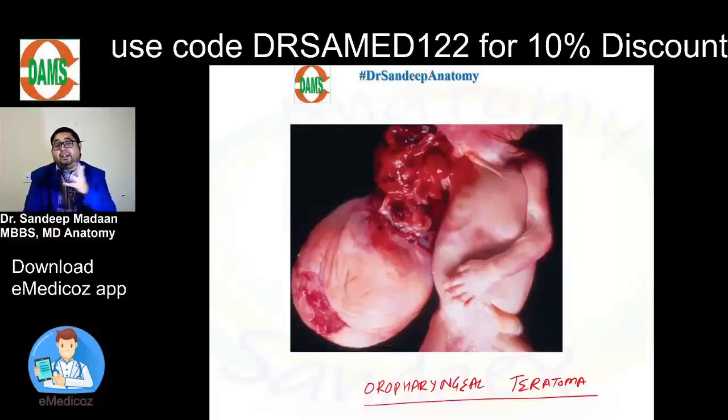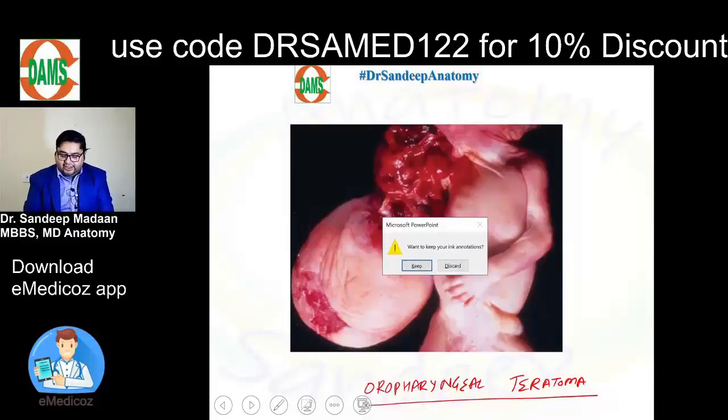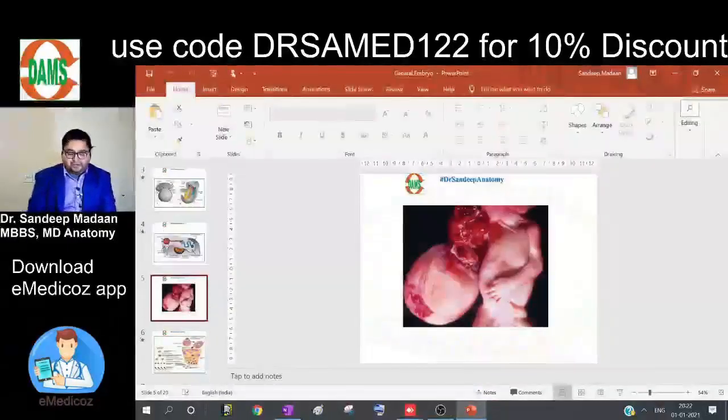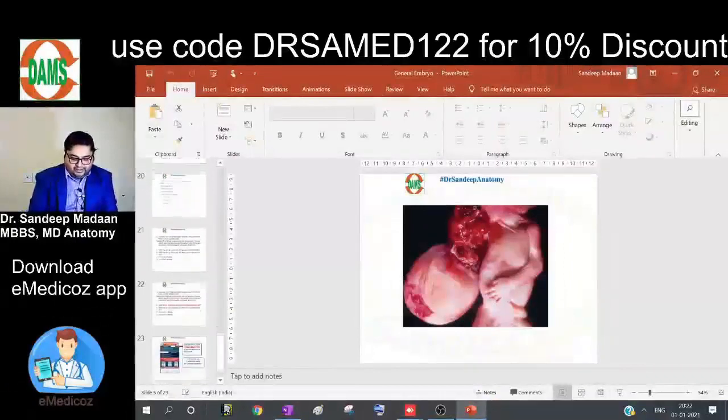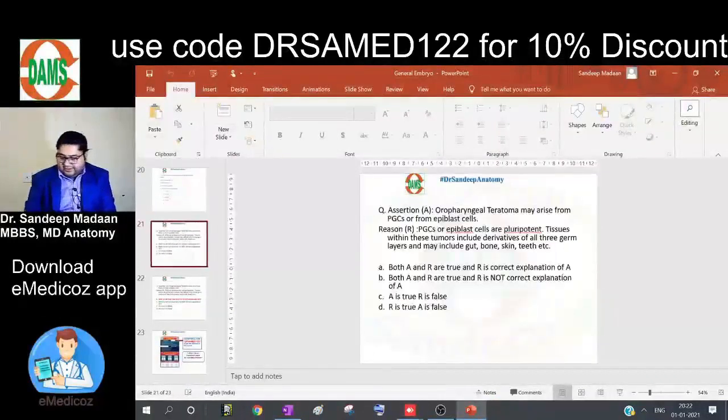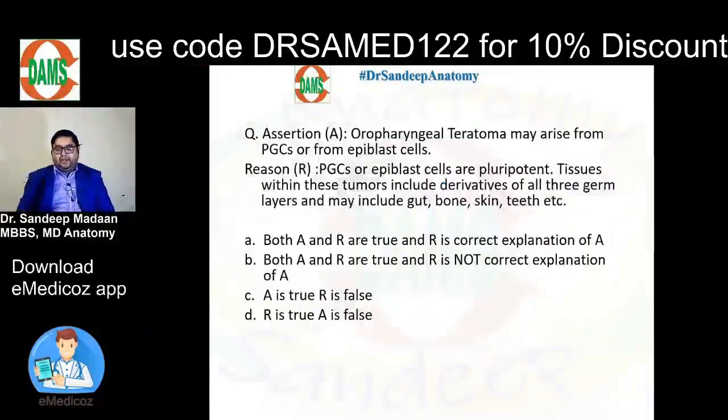If they are deranged, they may form oropharyngeal teratoma. This is a clinical application, and the trend now is more of clinically integrated teaching and clinically integrated questions being asked in different exams. So this is particularly important for the central exam. Is that okay? Yes. Let us take this question.